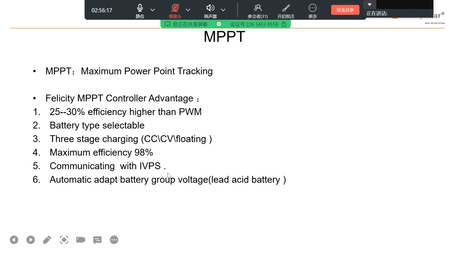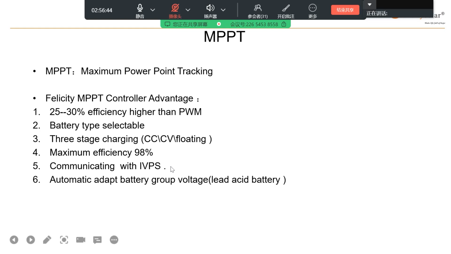I think many of you don't know this function. You know, we have the IVPS, the low frequency inverter, IVPS and IVPM. The difference is that IVPM has built-in MPPT, right? So if you also have our MPPT and you have IVPS, actually you can combine them.